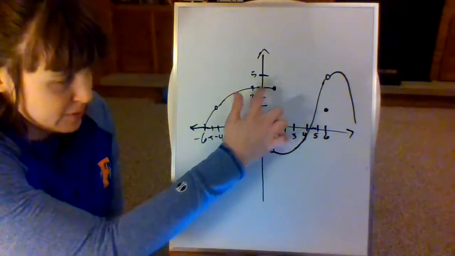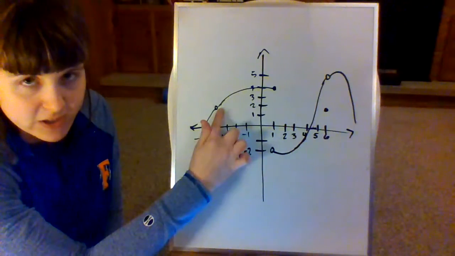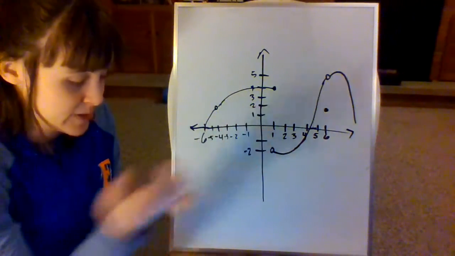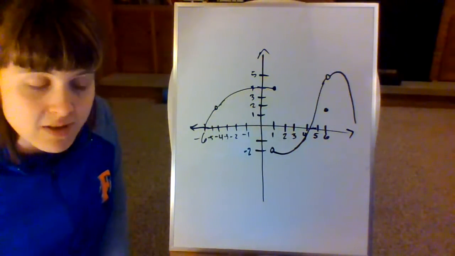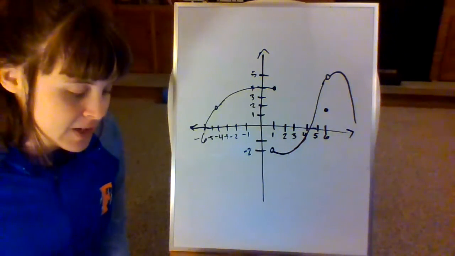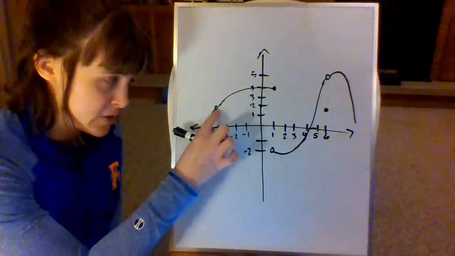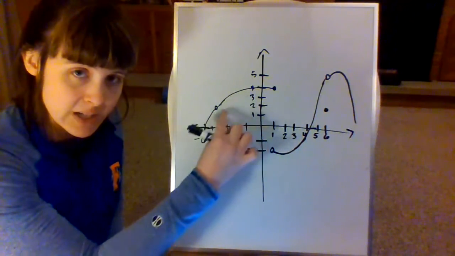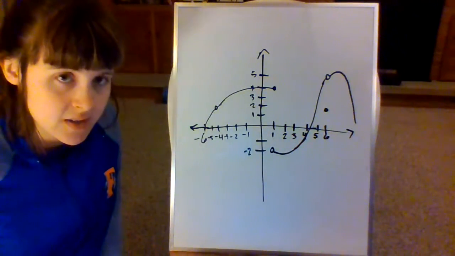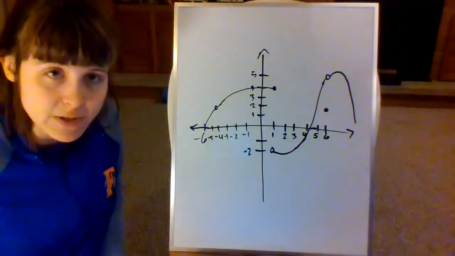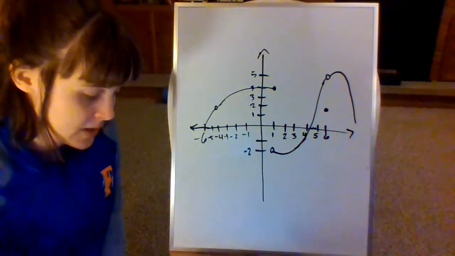And as you come in from the right, it also approaches that value, and its y value is 2. So that's why the limit of f of x as x approaches negative 4 is 2, because from the left and the right, it's approaching the same point. Okay, so you can read that in your notes.